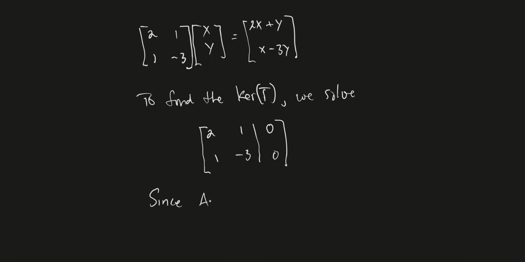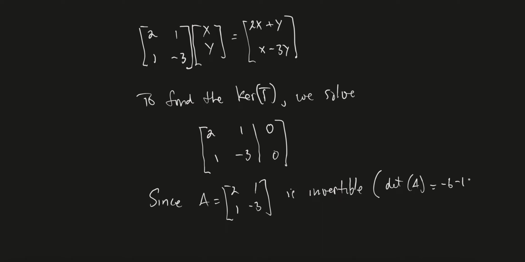Since this matrix is invertible, how do I know it's invertible? Well, compute the determinant. The determinant of this matrix is negative 7, because you'll have negative 6 minus 1, that's negative 7, and that's not equal to 0.